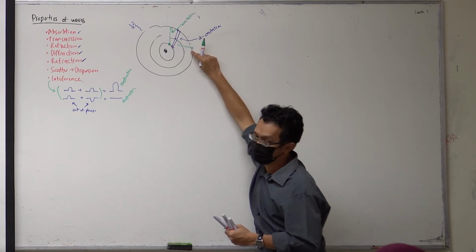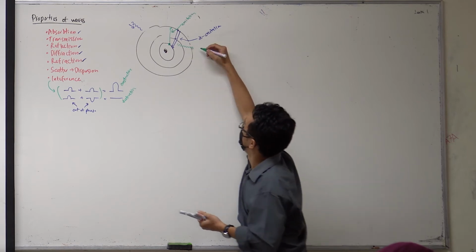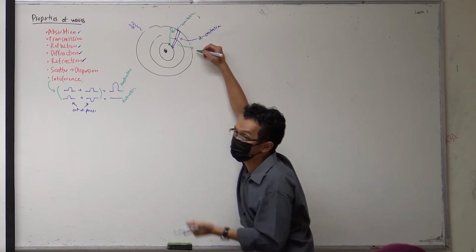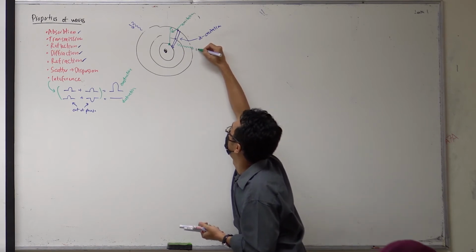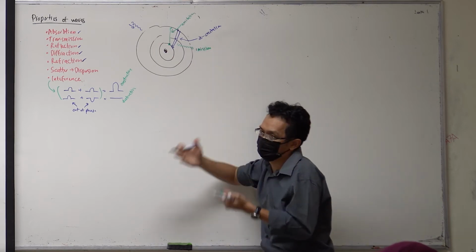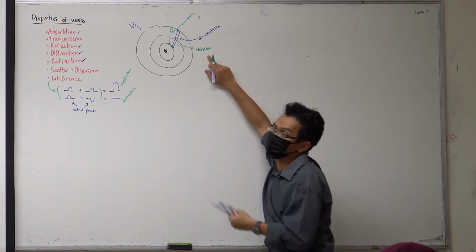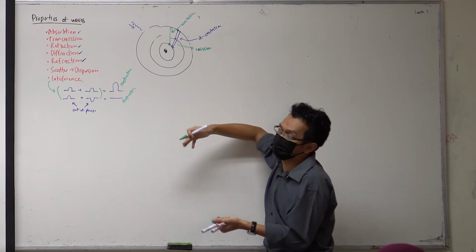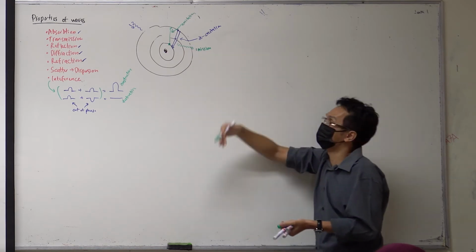Whatever this wave emits back, it can be either visible or invisible to you. This is what we call emission of the photon. If you can see it, then you see color. If you cannot see it, for example in UV, then you cannot see it in visible light.